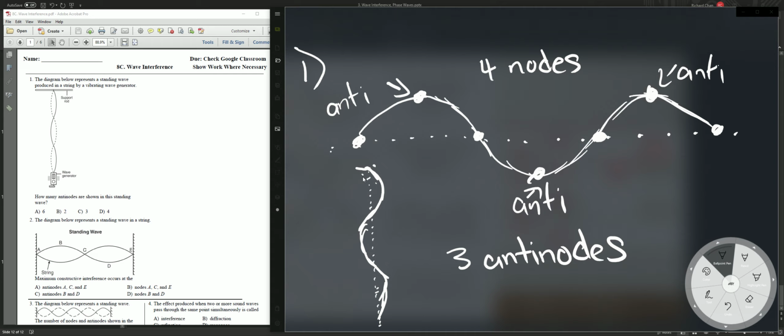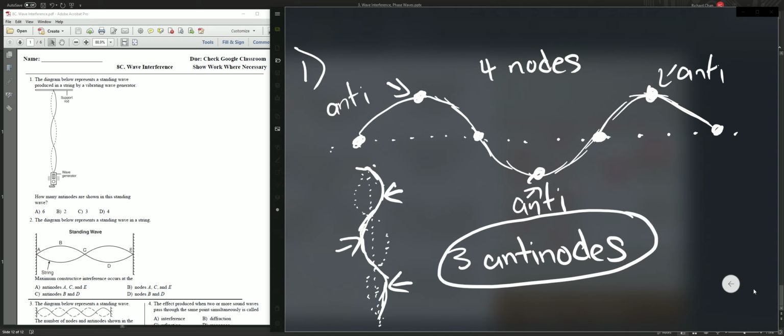And this dotted line on the picture is just the opposite of it. The dotted line is when the wave moves in the other direction. It's just predicting the future, like a future line. So you're only going to focus on this dark bolded line. There's one antinode right there, another antinode, and another antinode. So there are only 3 antinodes in this picture.